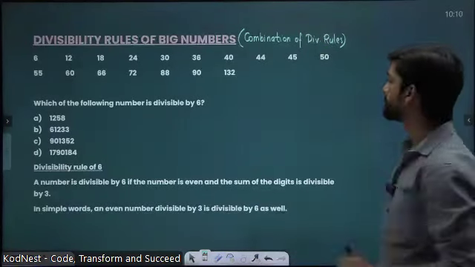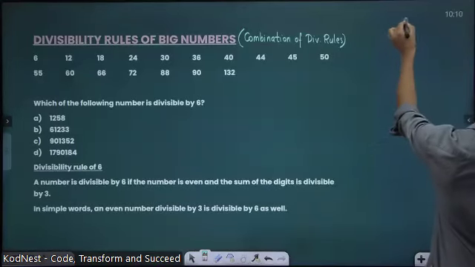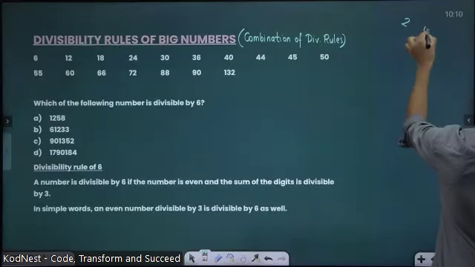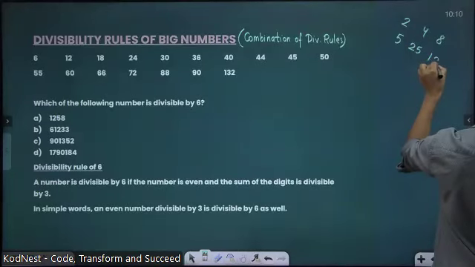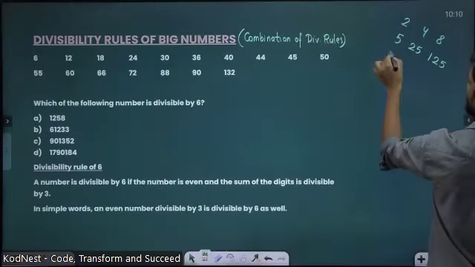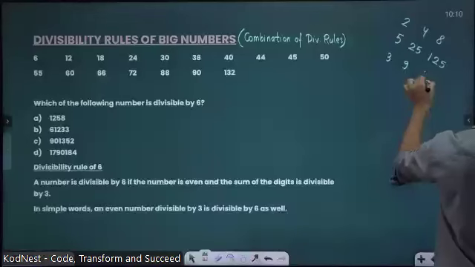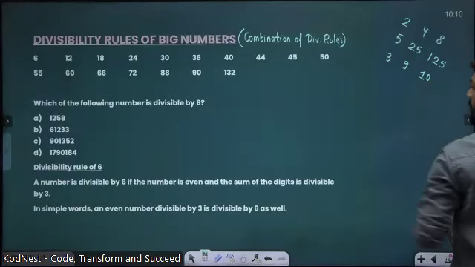For example, the numbers we have discussed are 2, 4, 8, 5, 25, 125, then 3, 9, 10.